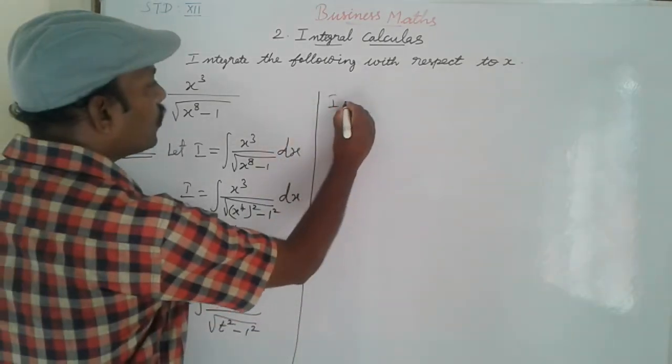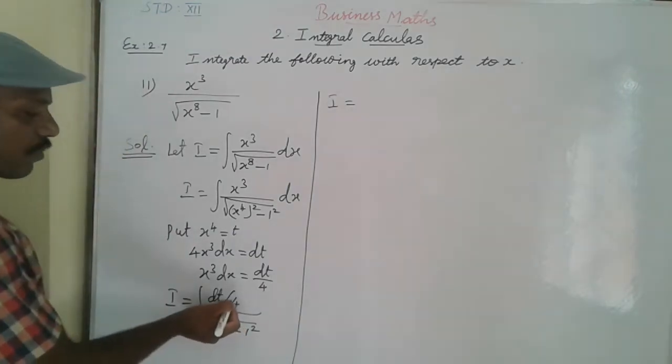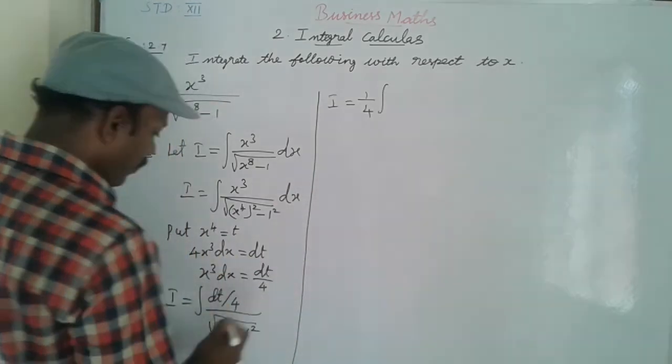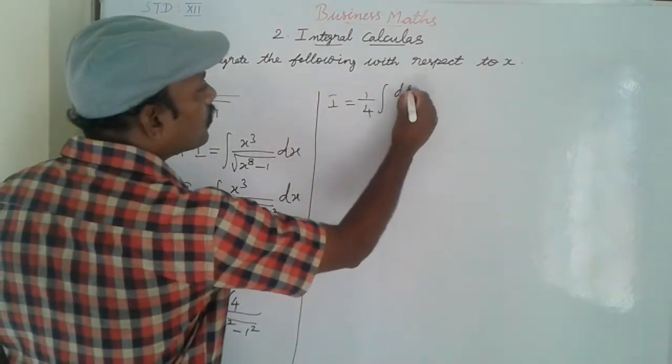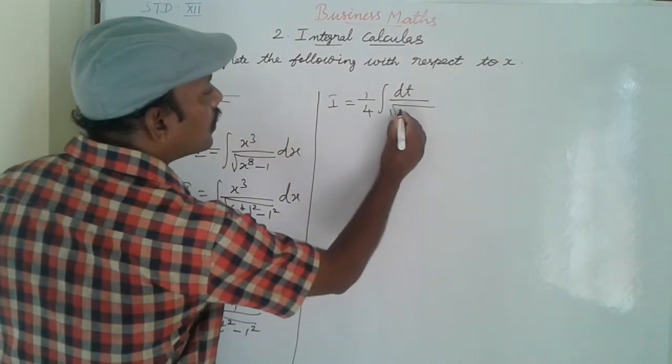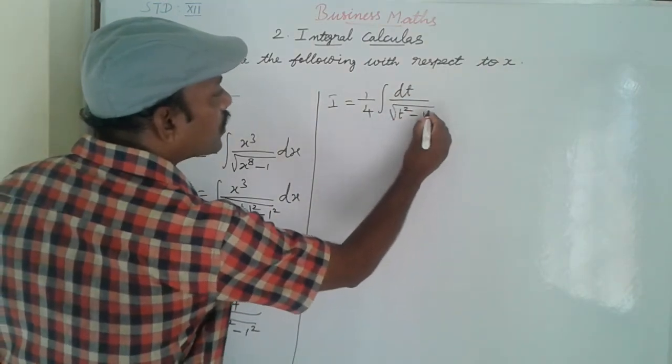I equal to the constant 1 by 4 we take out, 1 by 4 integral dt divided by root of t square minus 1 square.